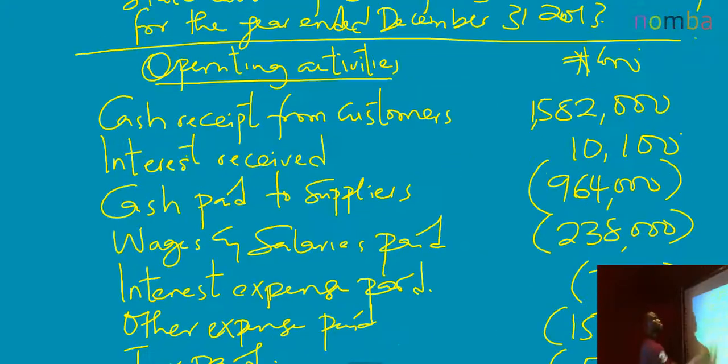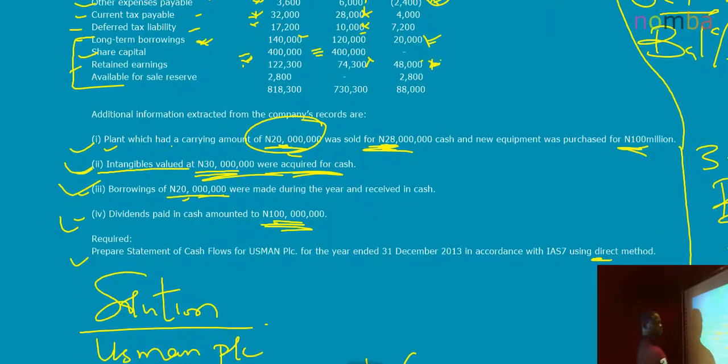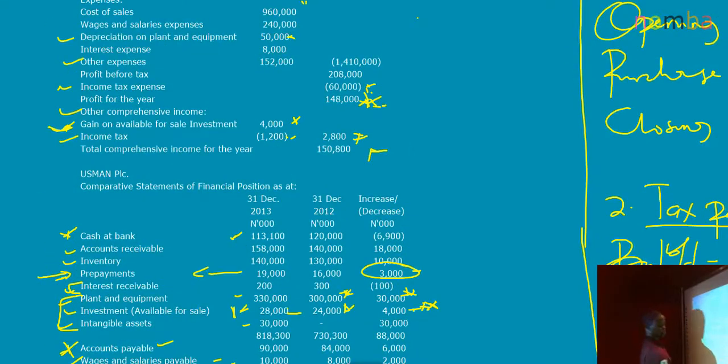After then, the last item we have here is the available for sale reserve. The available for sale reserve at the beginning was nil and at the end was 2,800. There is an increase of 2,800 which corresponds to this 2,800 here.